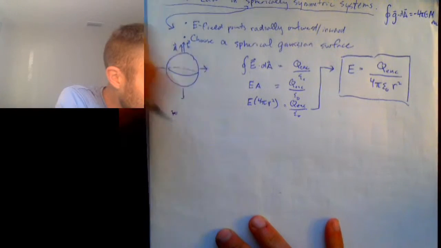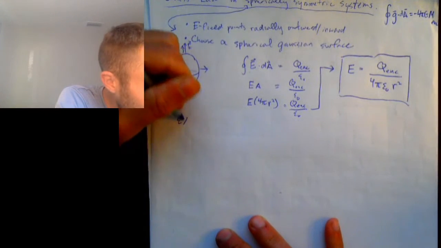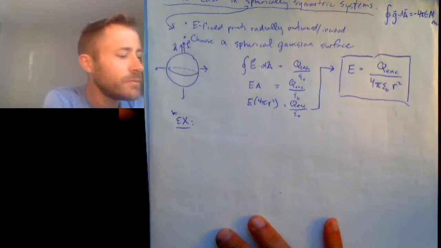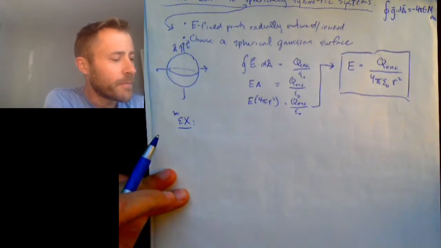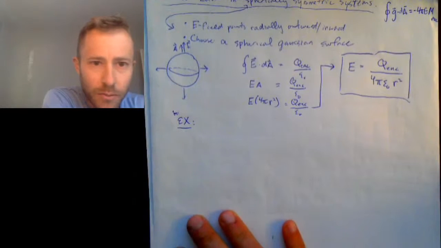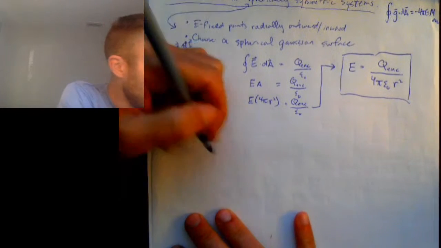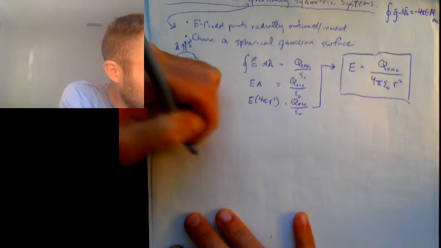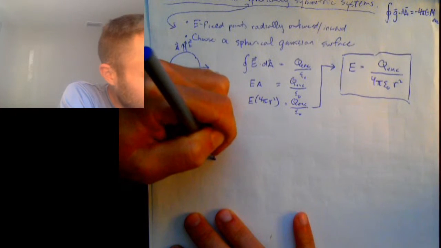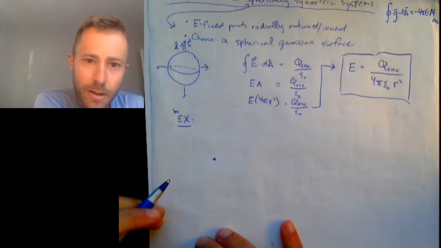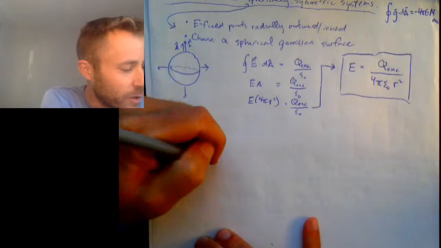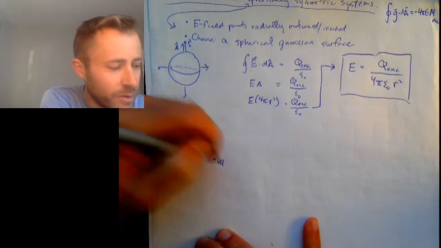So what if we have, I'm going to do an example. What if we have a system that looks like this? So we've got a point charge. It has a value plus q in the center.